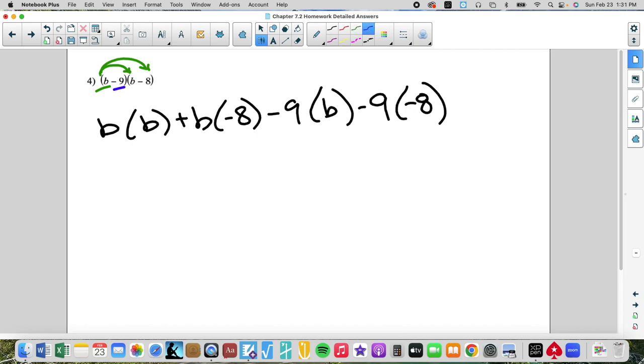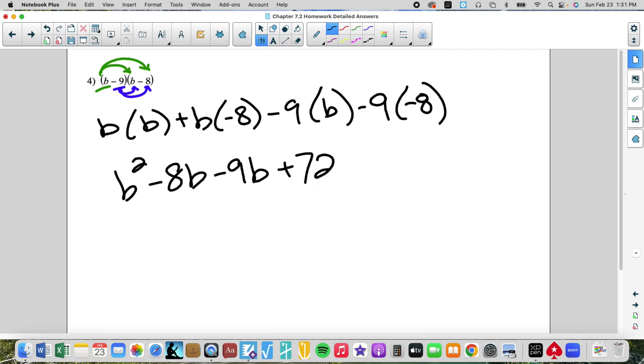And then we have the negative 9 going to the b, and the negative 9 going to the negative 8. B times b is b squared. B times negative 8 is negative 8b. Negative 9 times b is negative 9b. Negative 9 times negative 8 is positive 72. B squared minus 17b plus 72.